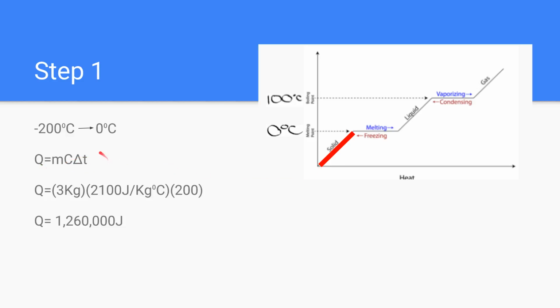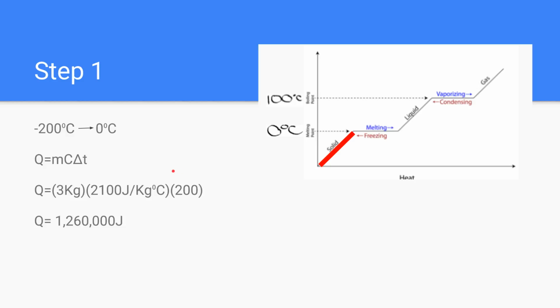For this, we will use our change in temperature equation, the one from before. We know the mass of the water is 3 kilograms, and we know that the specific heat is 2,100 joules per kilogram degree Celsius.